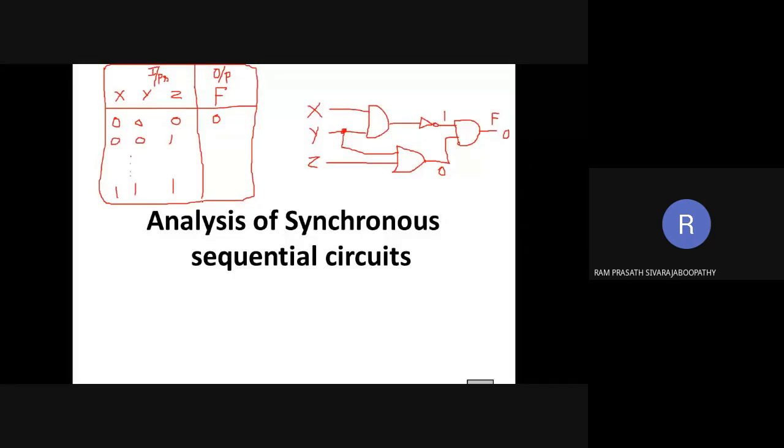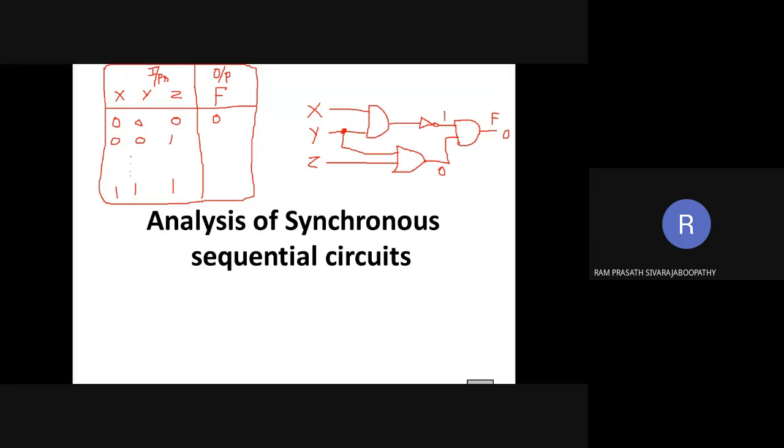Because in a sequential circuit, the output not only depends on the present input. In the case of a sequential circuit, the output depends on what? Can you people type it in the chat? Kindly type it in the chat. The output depends on two things.